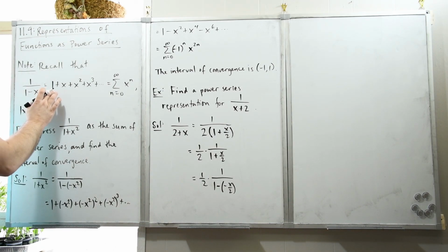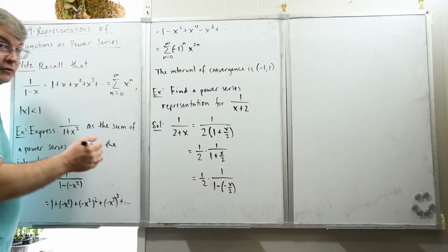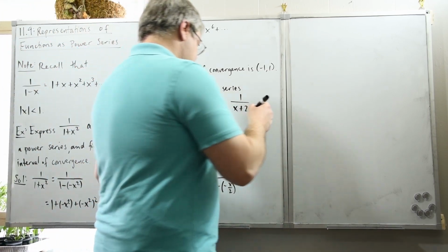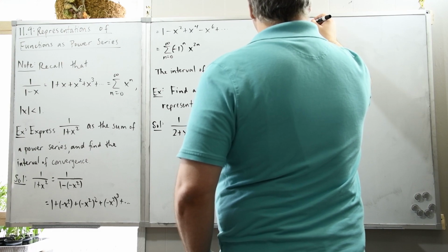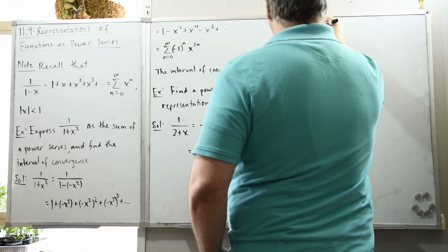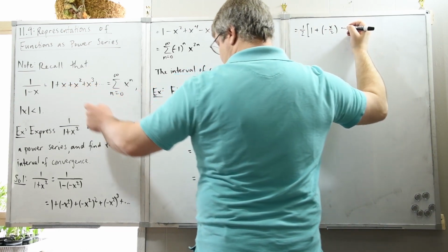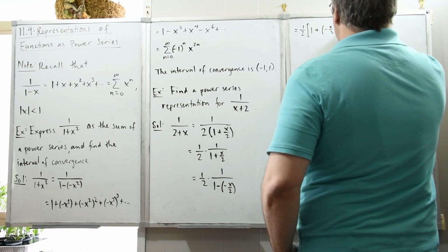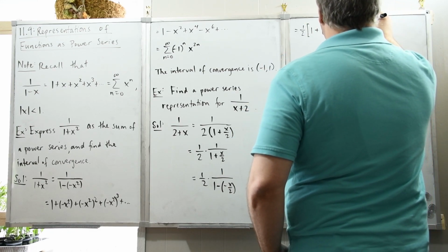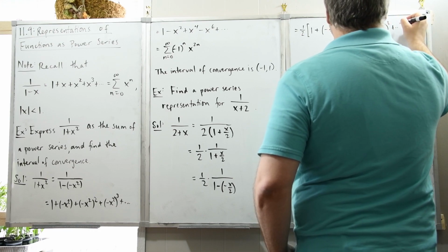And so we can go back to this representation that we have for 1 over 1 minus x, and we can replace all the x's with negative x over 2. And so we'll have a 1/2 times, and then we'll have a 1 plus, once again, all the x's replaced with this negative x over 2. So 1 plus negative x over 2 plus negative x over 2 squared plus negative x over 2 cubed, and so forth.